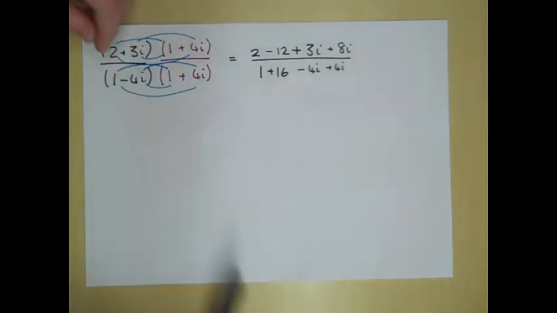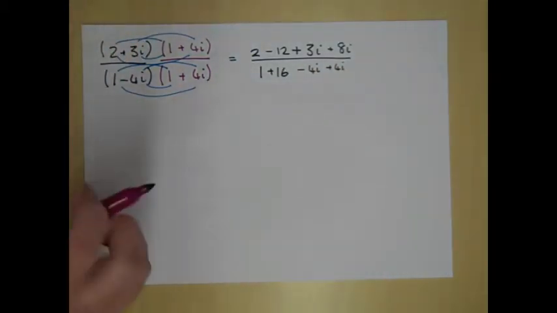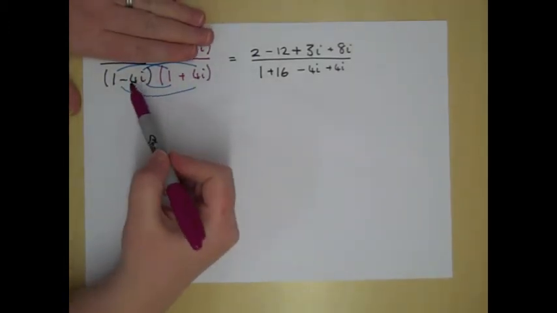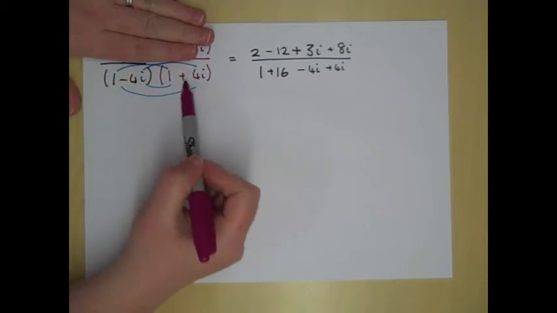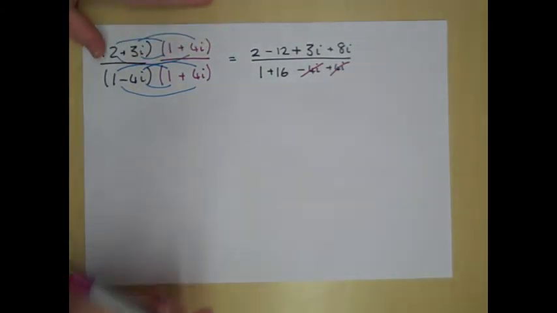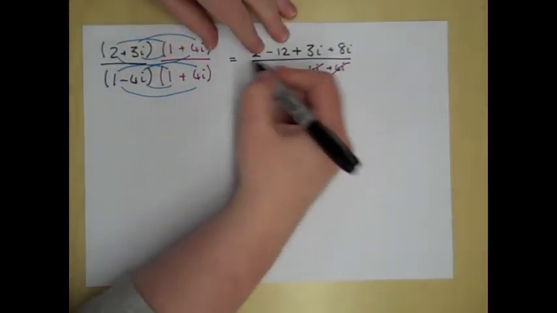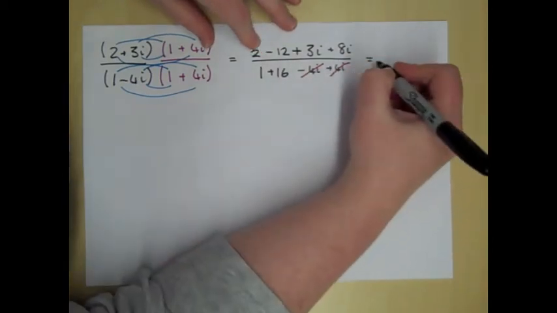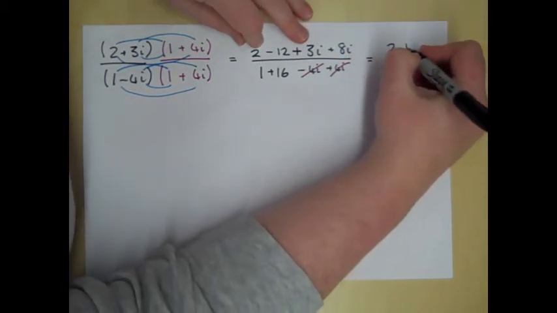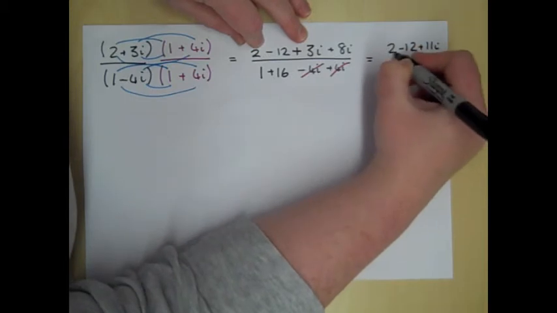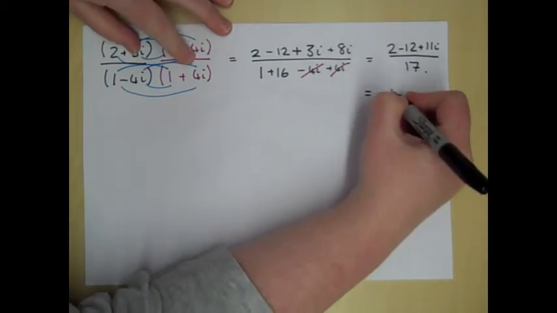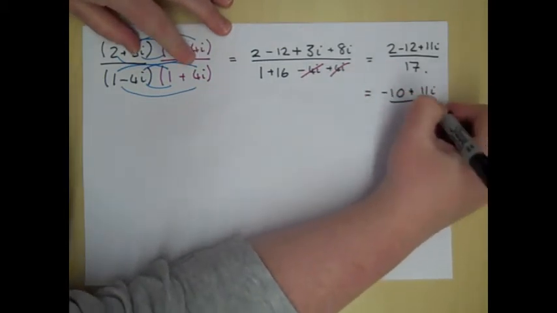We can see that by taking the complex conjugate of this bottom half, multiplied by itself but with the sign changed, I end up with 1 minus 4i and 1 plus 4i, and they just cancel. So I'm left only with a real component on the bottom. Evaluating this slightly further, this leaves me with 2 minus 12 plus 11i over 17. So that is equal to minus 10 plus 11i over 17.